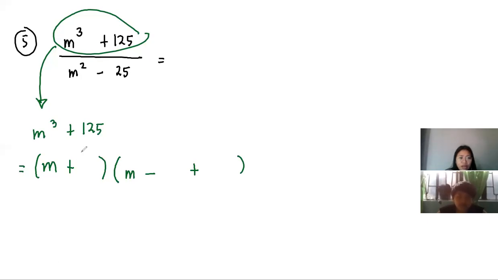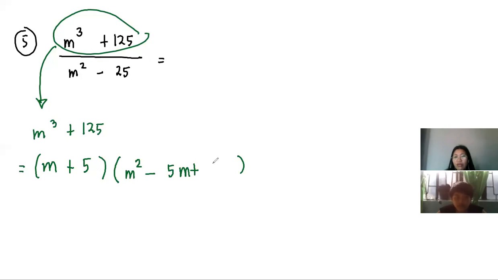Then, this is 5. Okay? M cubed plus 125, this is m squared. Do you still remember? And 5. What would be the number here? 5 times 5, 125, di ba?